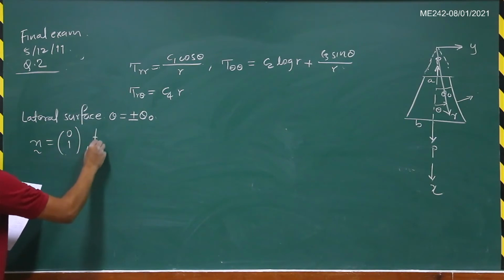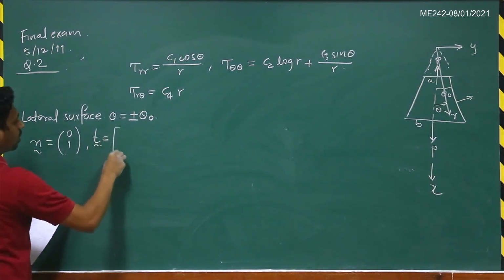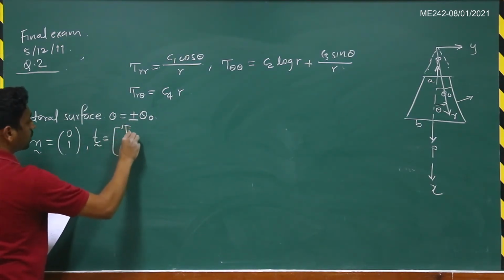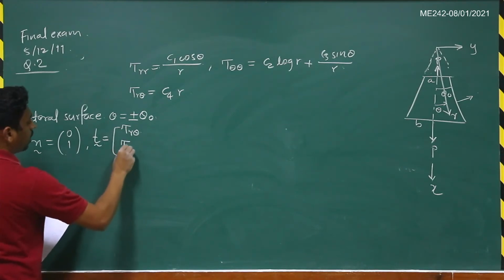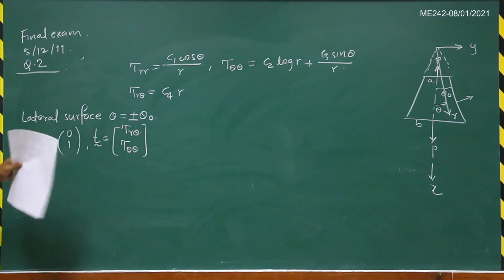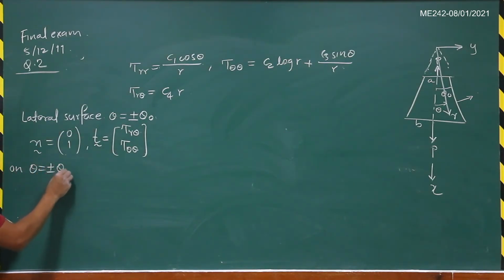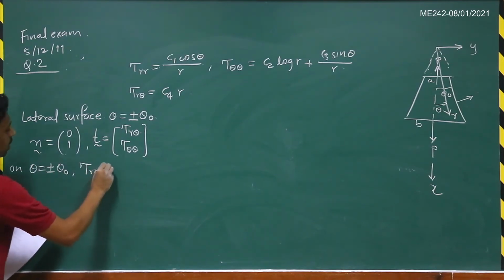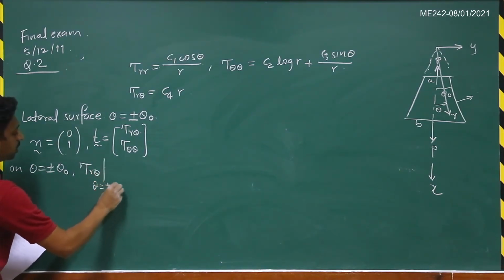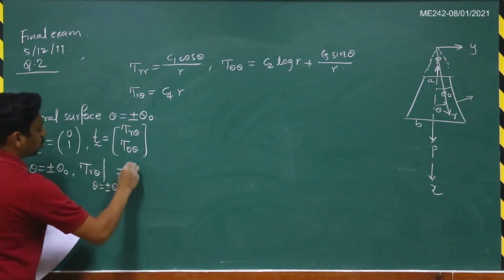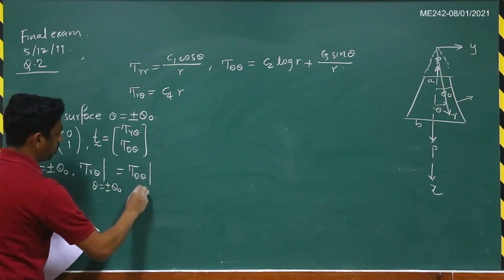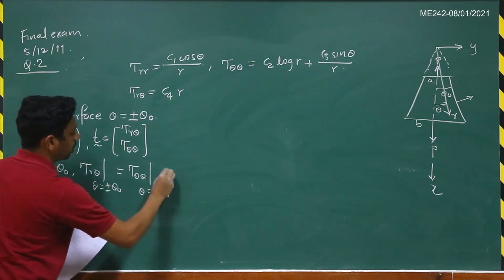So our tractions, if we use this Cauchy relation, will be tau R theta and tau theta theta with this particular normal. So traction free boundary conditions mean that on theta equals plus minus theta naught, tau R theta and tau theta theta equal 0.